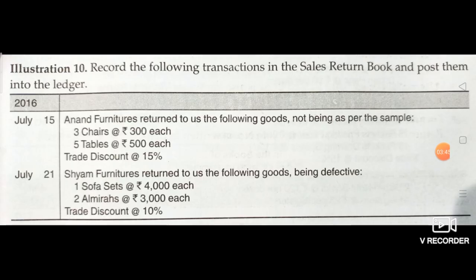On July 21st, Shyam Furniture returned us the following goods being defective: 1 sofa set at rupees 4000 each, 2 almaris at rupees 3000 each, and trade discount allowed was 10%. So from this problem we have to prepare first sales return book and we will post afterwards the relating entries into ledger accounts. Okay, so let's start now.